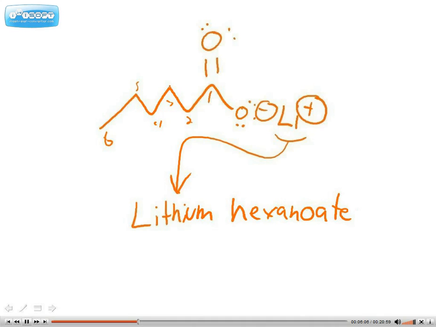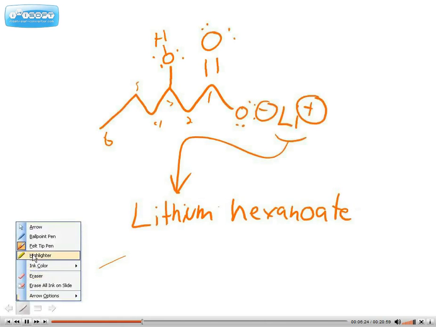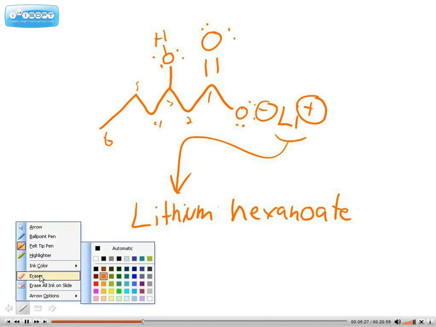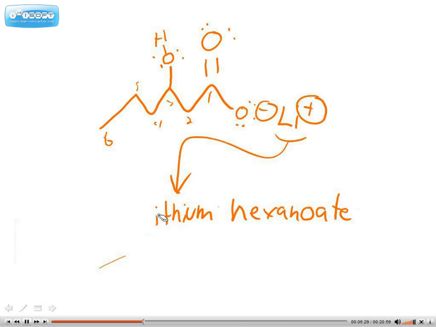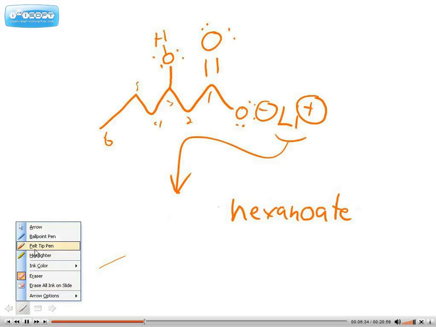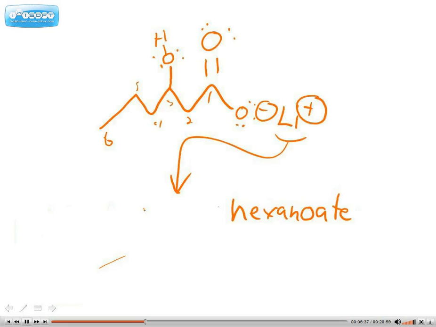Now, how do I deal with suffix functional groups, such as this alcohol right here? We'd have to create some extra space. On carbon 3 it would be 3-hydroxy.